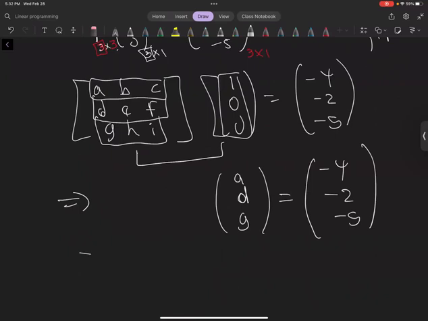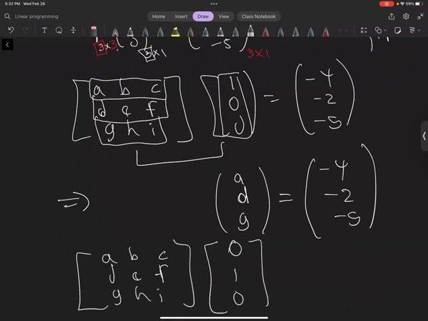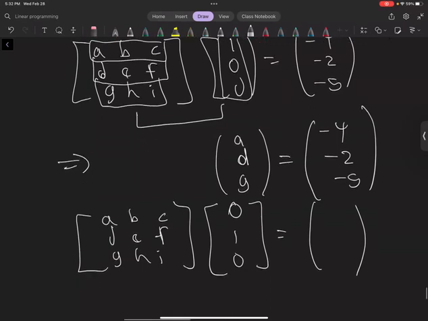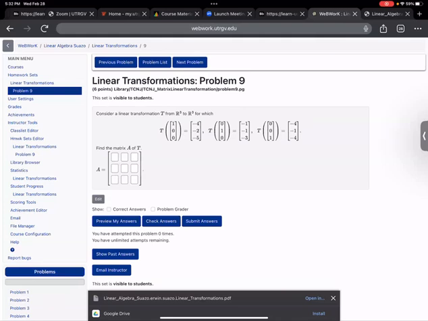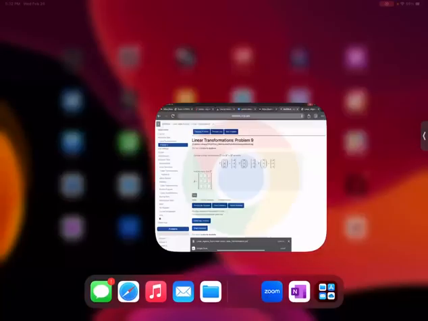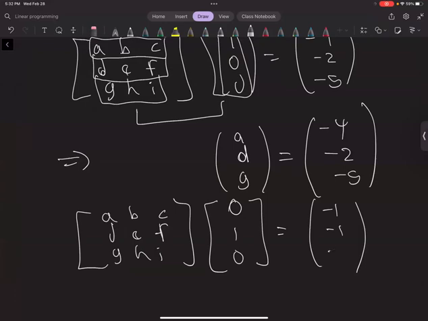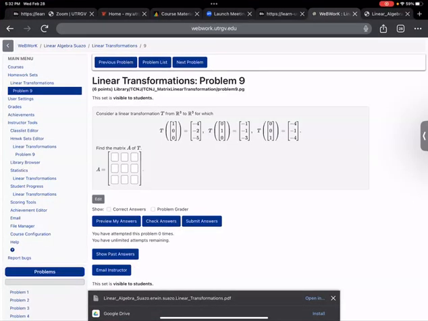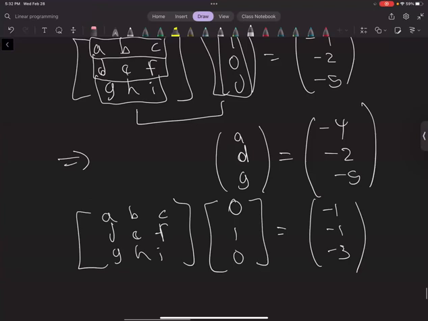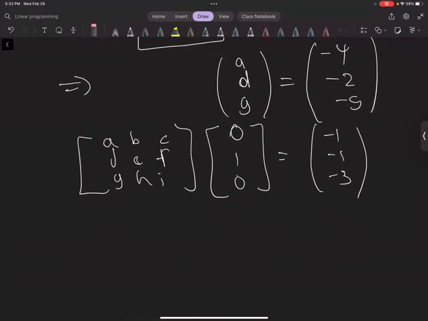The second one is A, B, C, D, E, F, G, H, I times 0, 1, 0. In the problem it says that this 0, 1, 0 gives minus 1, minus 1, minus 3. So what do you get, guys? This times this, what do you get?